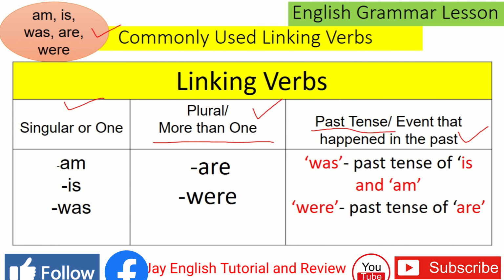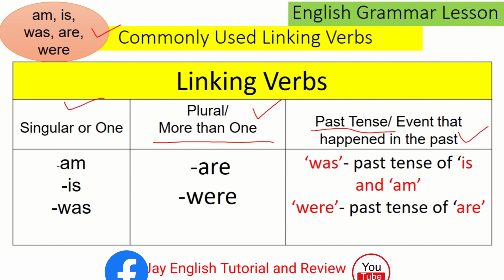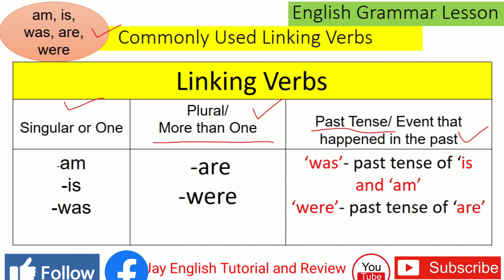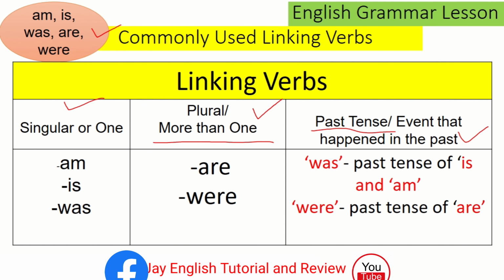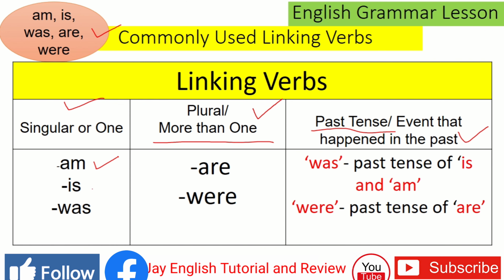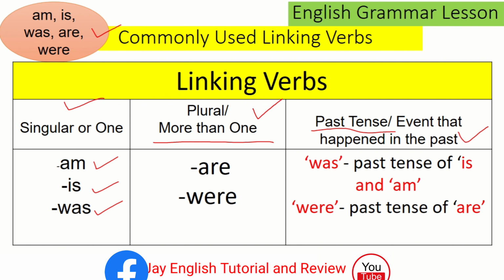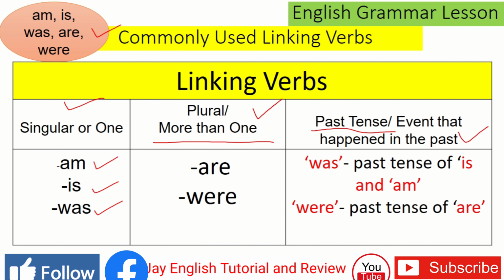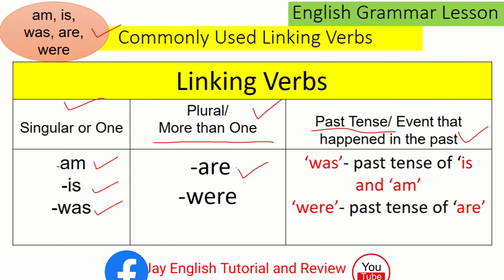Okay, so let's start first with the first column, the singular linking verbs. We have three linking verbs that are singular: am, is, and was. And for the plural linking verbs, we have are and were.